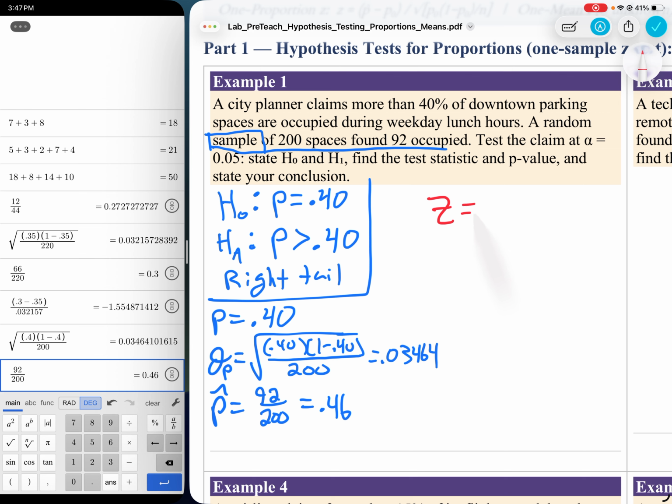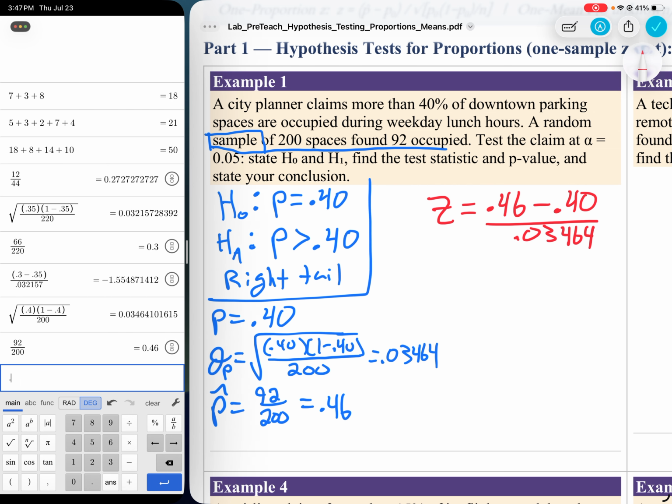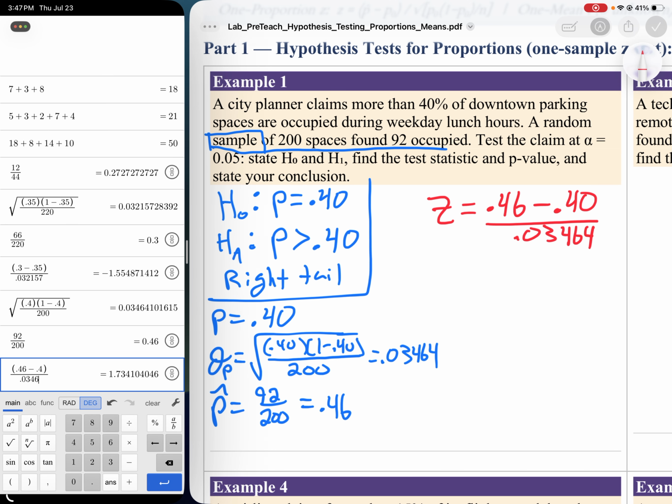For population and sample proportions, to get our z-statistic or z-score, we take p hat minus the null hypothesis, 0.40, divided by the standard deviation, 0.46 minus 0.4 divided by 0.03464. And we will get a z-score or z-statistic of 1.7321.